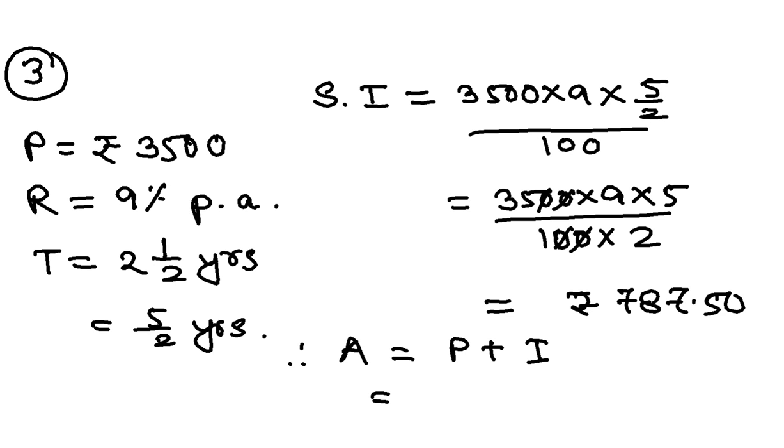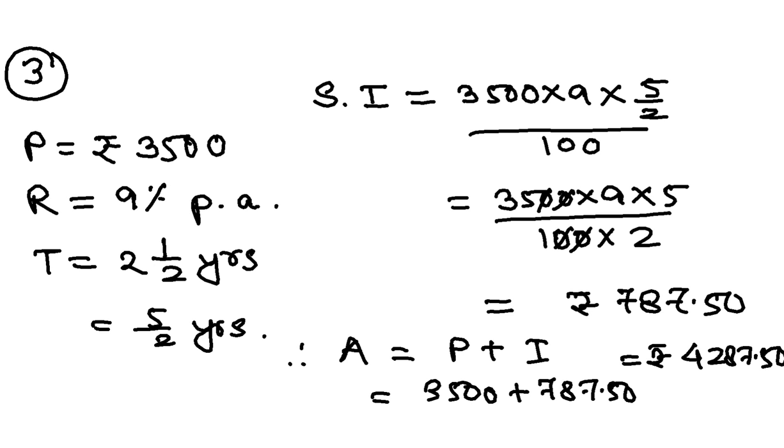So this will give us 3,500 plus 787.50. So my final answer is going to be rupees 4287.50. This is the amount he has to pay at the end of the specified period. All right, so this is question number 3.